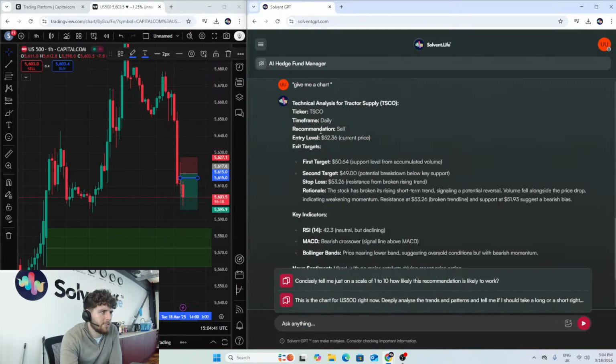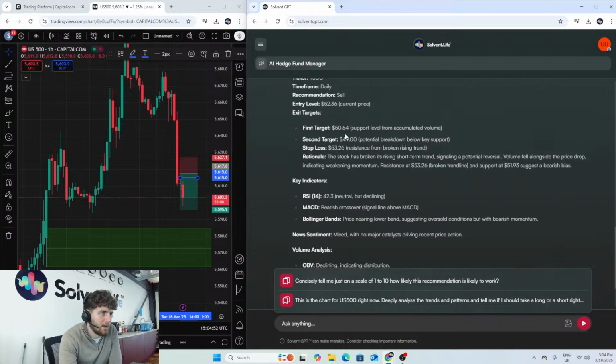So technical analysis recommended we sell from their current price of $52.36. Our first target is $50.64. Second target, $49, and this is below their key support. So the stock has broken its rising short-term trend, signaling a potential reversal.